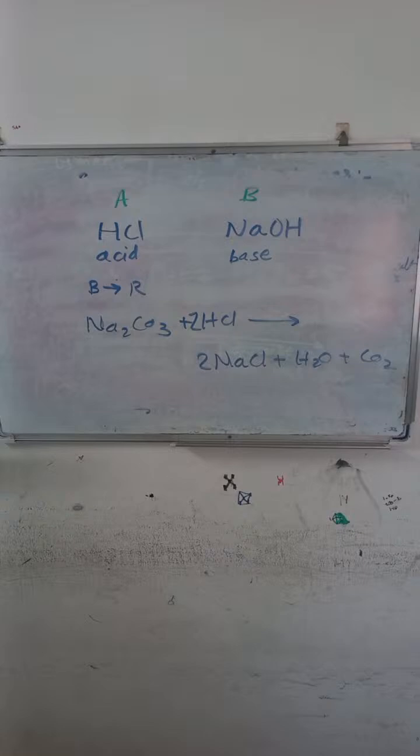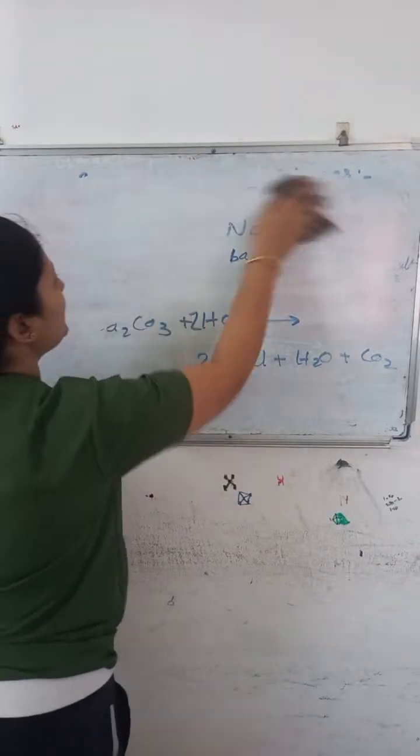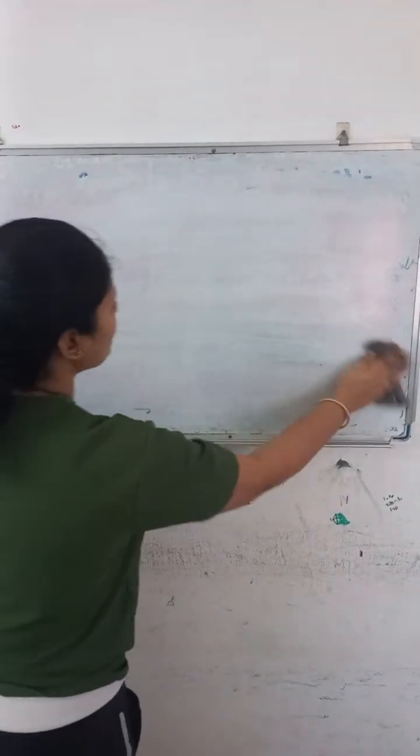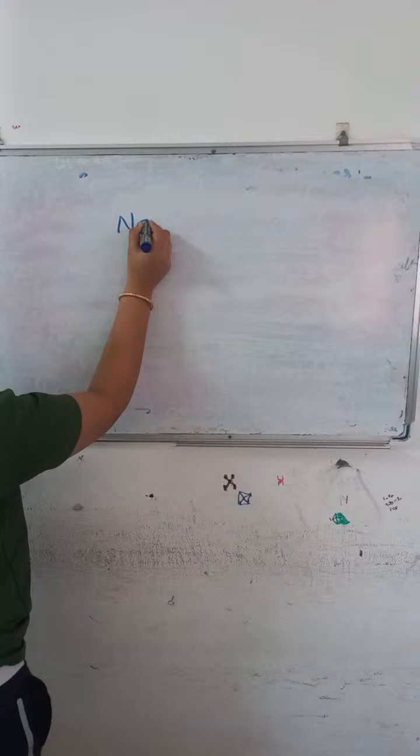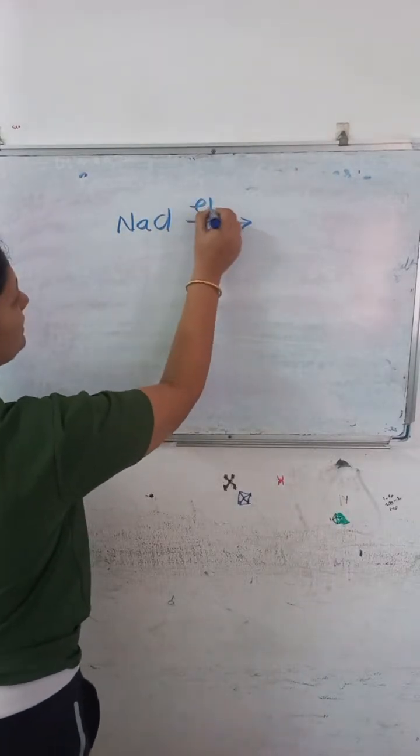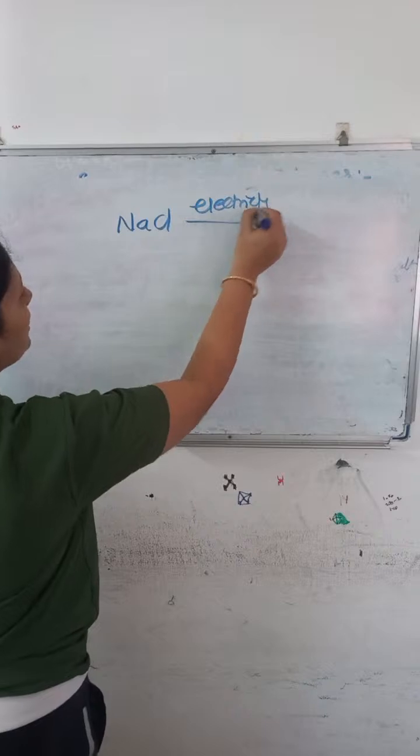Okay, and the reaction: what happens when an electric current is passed through it? We have brine water, and when we pass electricity through this brine water, NaCl breaks, no, and it gives ions of sodium. Just now I told you brine water is nothing but a cold and concentrated solution of sodium chloride. So here we have the salt NaCl, and when you pass electricity, write that on the arrow.